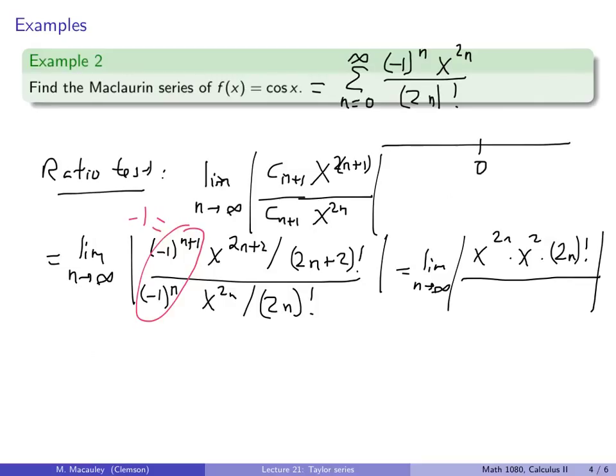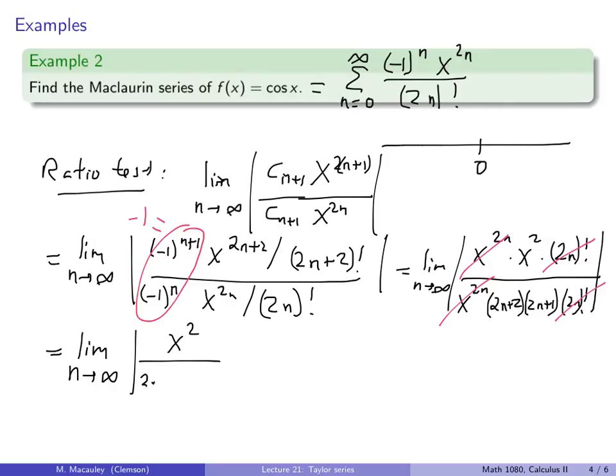Now on the bottom we have x^(2n), and (2n+2) factorial I'm going to write as (2n+2)(2n+1) times (2n) factorial. Okay with that? So let's cancel. Those things are going to cancel. And we get the limit as n goes to infinity of x squared over (2n+2)(2n+1).